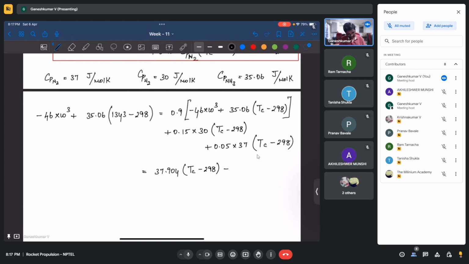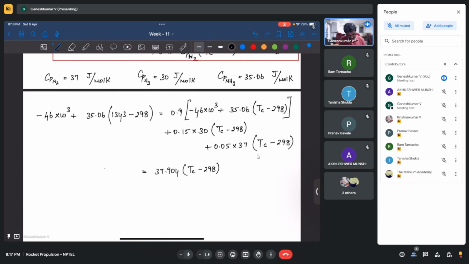Then if I take the 46.43 to the other side, you will have 35.06 into 1343 minus 298, minus 0.1 times 46 into 10 power 3.